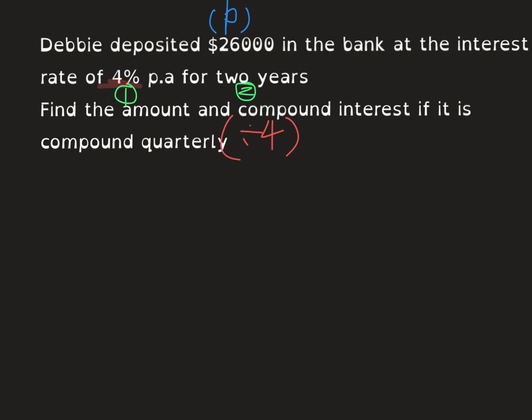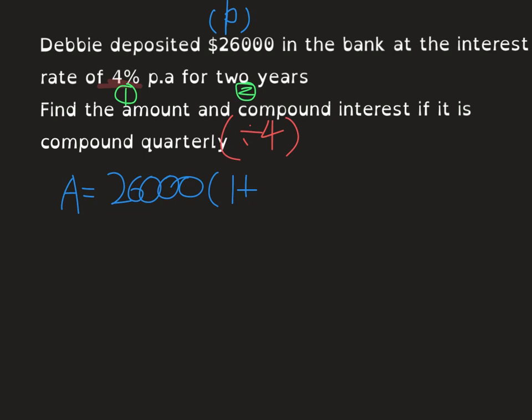Okay, let's calculate the amount first. Now you know the principal, that is this amount of money, then you are going to times 1 plus the rate %. That means the interest rate.